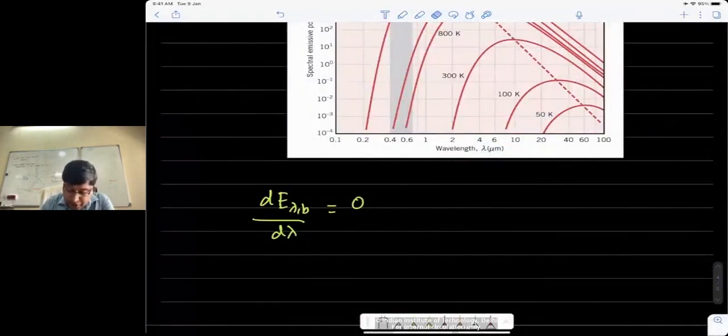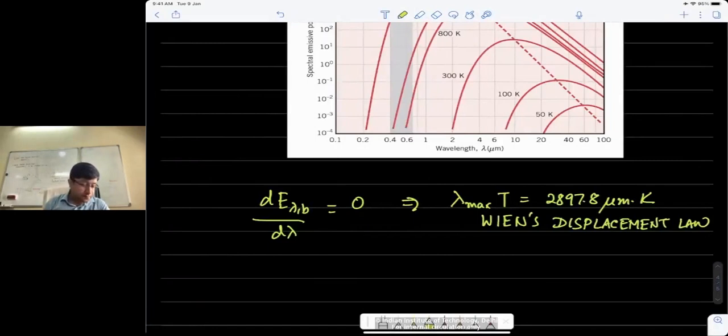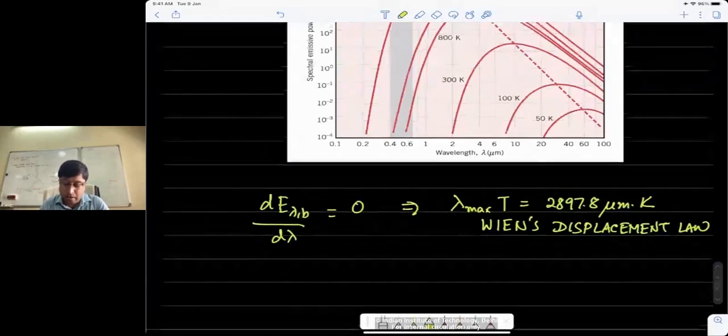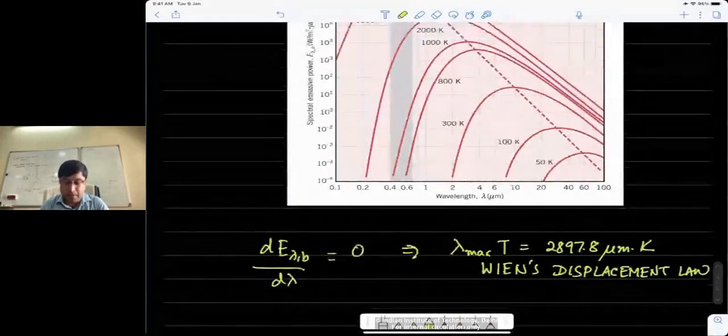If you do this differentiation, then what you get is lambda max times T to be a constant, which is 2897.8 micrometer Kelvin, which is what is called the Wien's displacement law. I think in the book by Incropera, this is a problem that you can work out. It's not very hard because the function has a lambda to the power 5 dependence, but still you can differentiate.